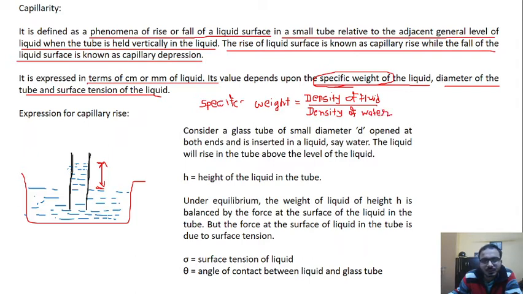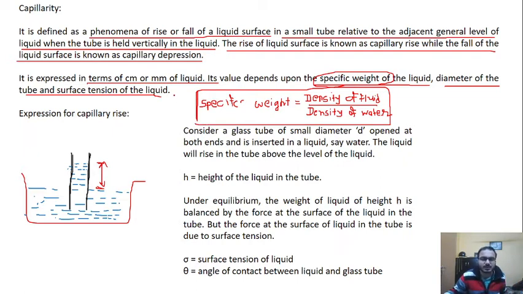Okay, so you can note down this definition. So the quantity of capillary rise or capillary depression depends on specific weight, diameter of tube, and surface tension of liquid. So now we are going to derive this formula of capillary rise and capillary fall respectively.